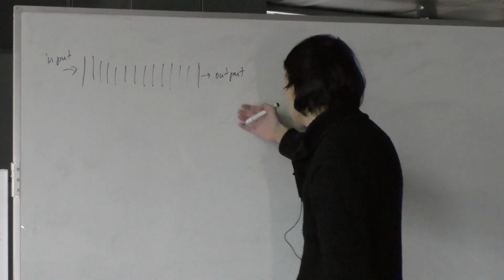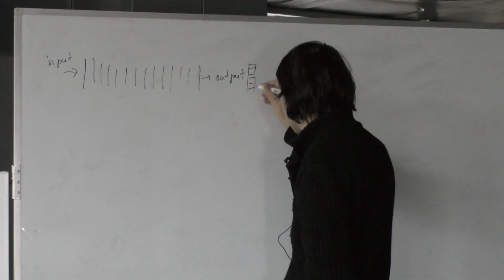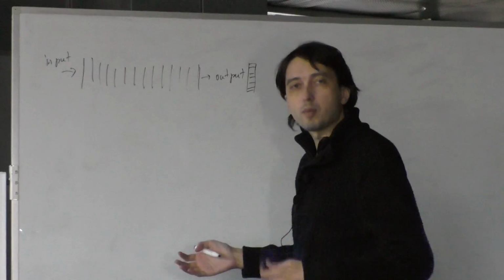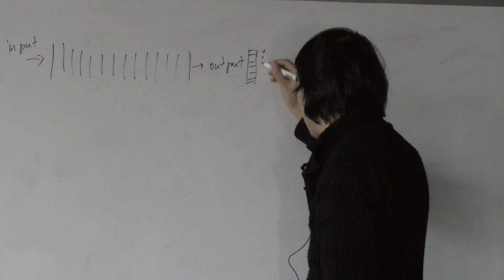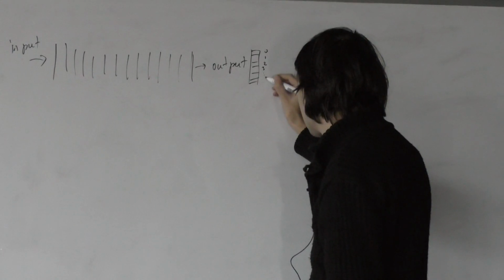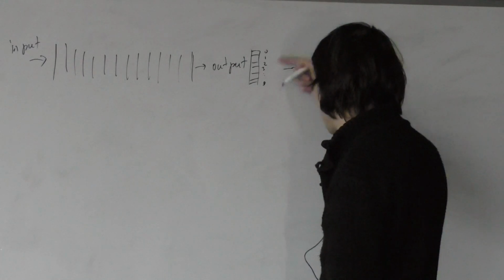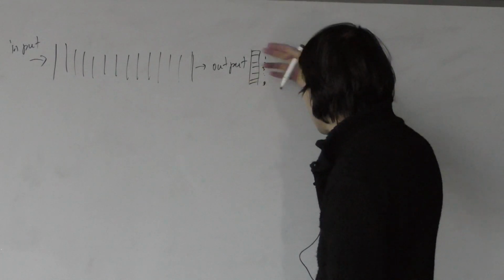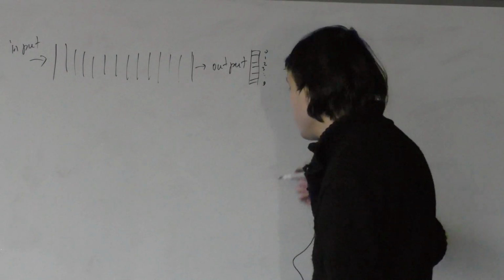It generates 10 different numbers that are interpreted as the probabilities of getting digit 0, digit 1, 2, 3, and so forth up to 9. And then we give the digit with the maximal probability to the user.